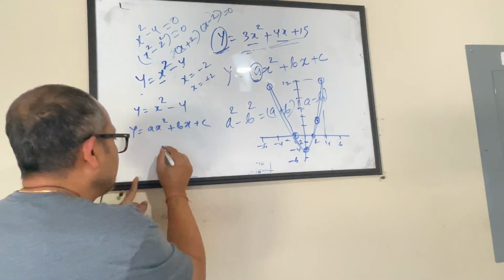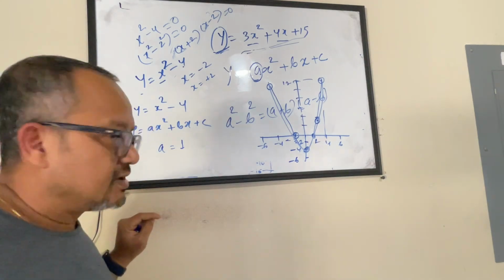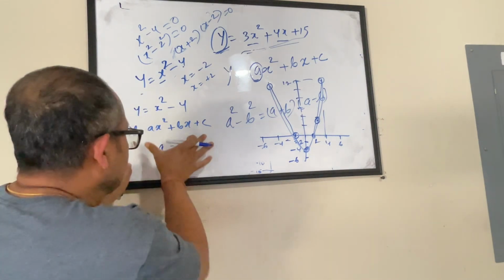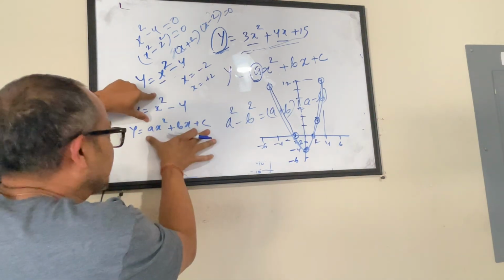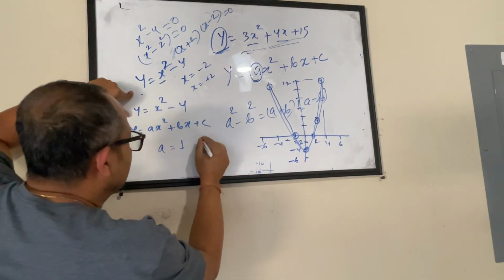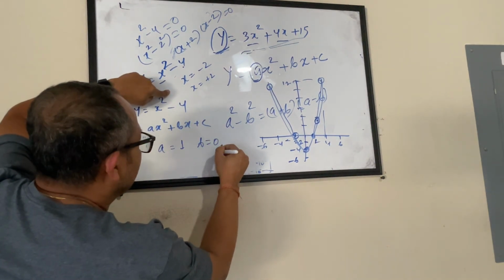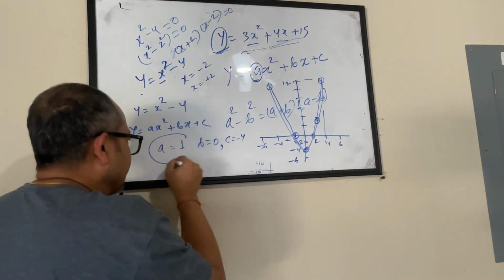A is 1. Everybody saw that, right? This is the standard form for the parabola, and this is the equation that I have. What is the value of b? B is 0. What is the value of c? C is minus 4. I am more interested in the value of a.